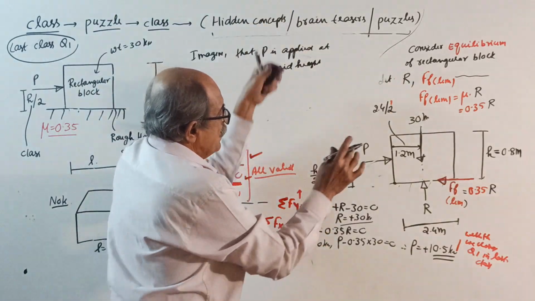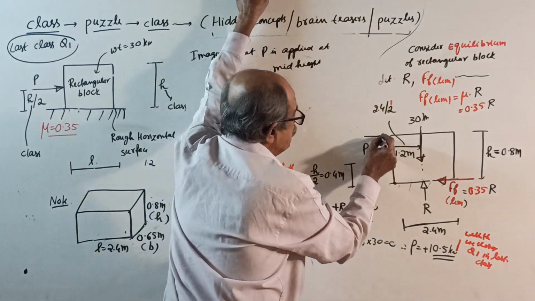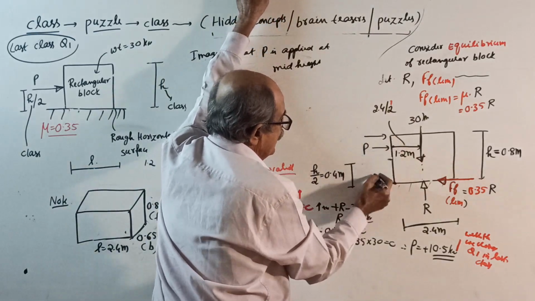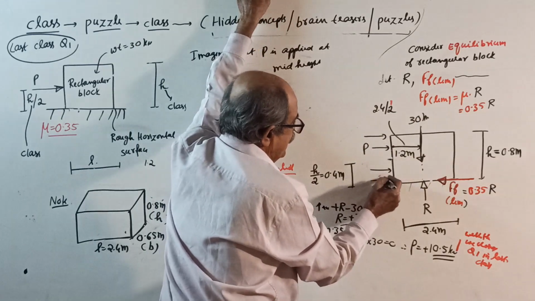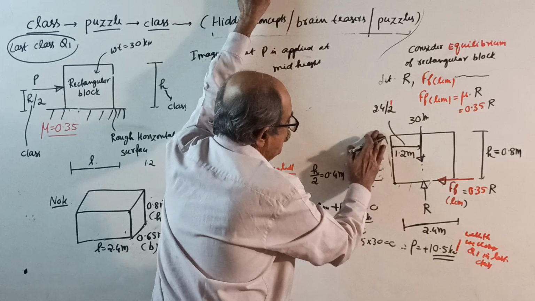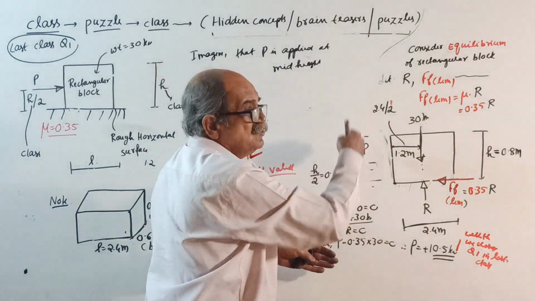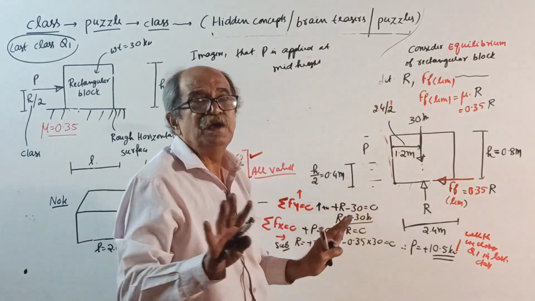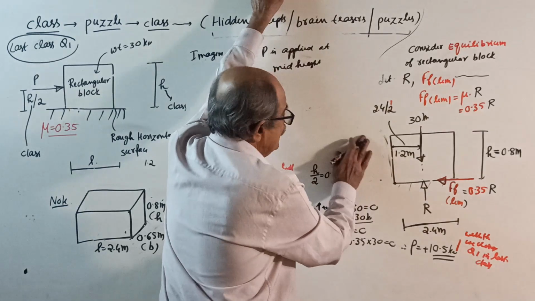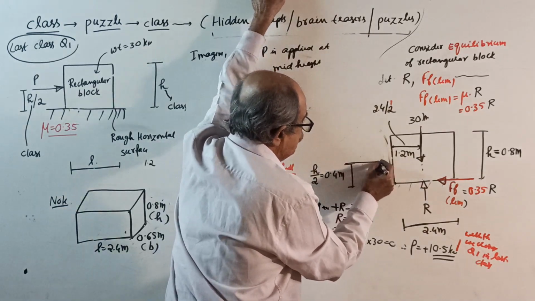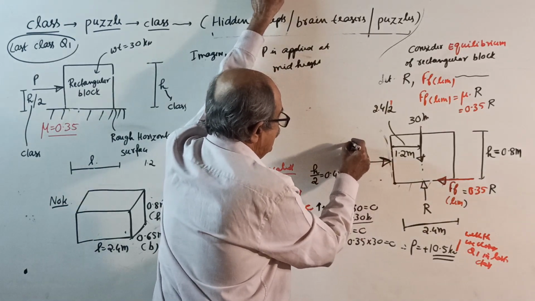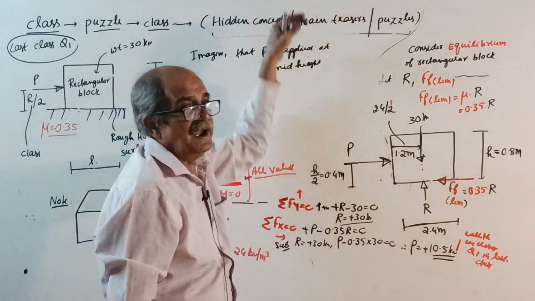Whether you apply it at mid-height or here, or here, wherever you apply it, your answer will come the same. Why? So far, the distance was not considered. Therefore, imagine that load P is applied at mid-height.